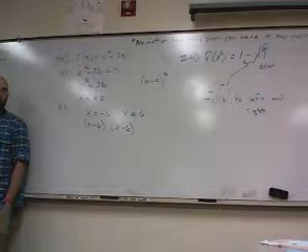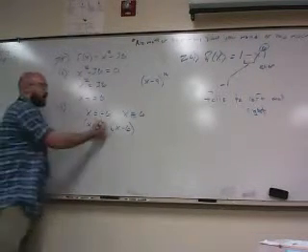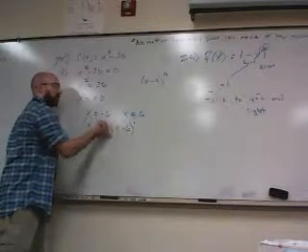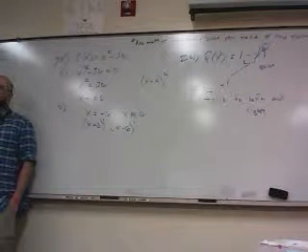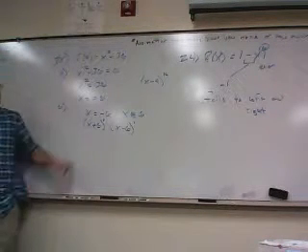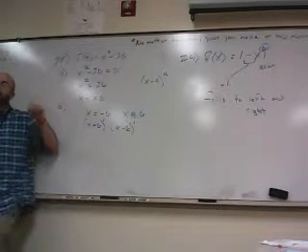Everyone good with that so far? The deal is, there's an imaginary 1 up here, because anything to the 1 power is just itself. So therefore, 6 and negative 6 have a multiplicity of 1.